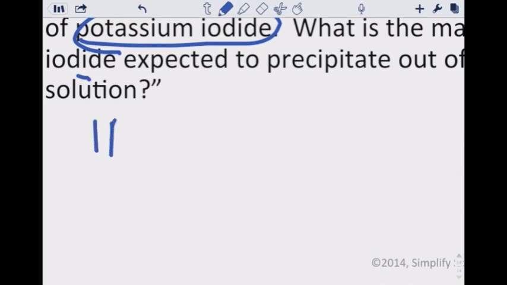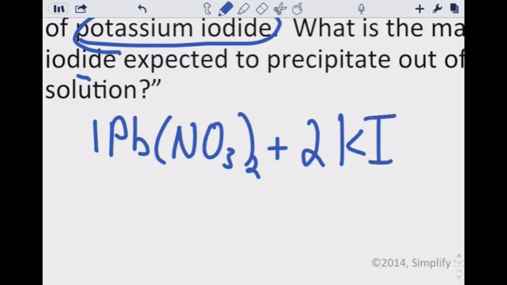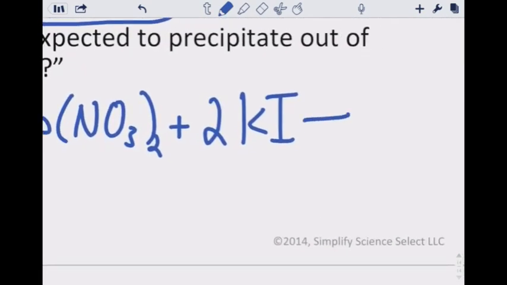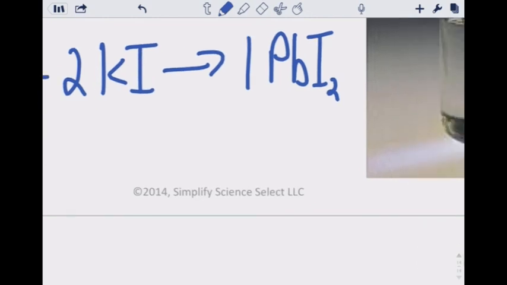So 1 lead 2 nitrate reacts with 2 moles of potassium iodide and it produces 1 mole of lead 2 iodide plus 2 moles of potassium nitrate.